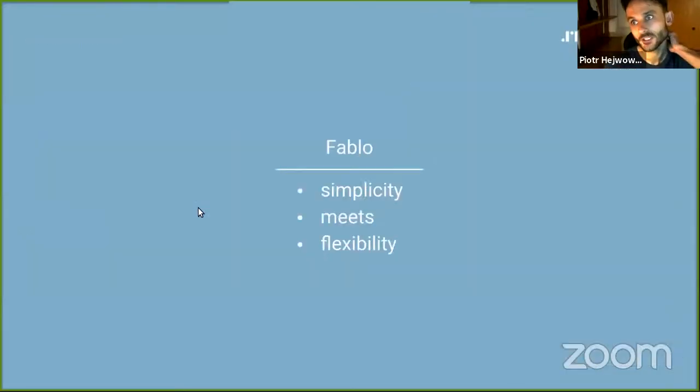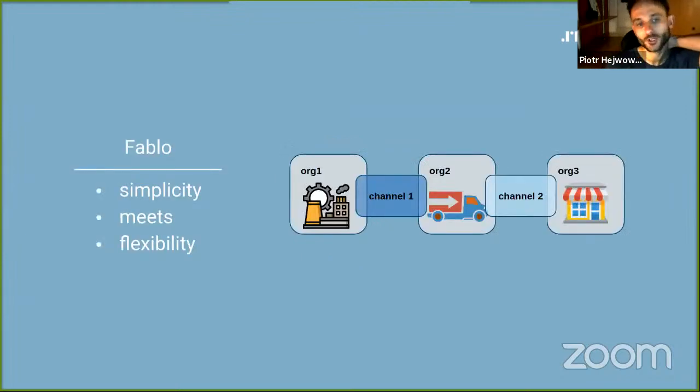Okay, so last part of our presentation. I hope that you could see that Fablo is really great, really simple and really flexible. And you could easily define such complicated cases with Fablo, like supply chains. So many organizations with many channels.